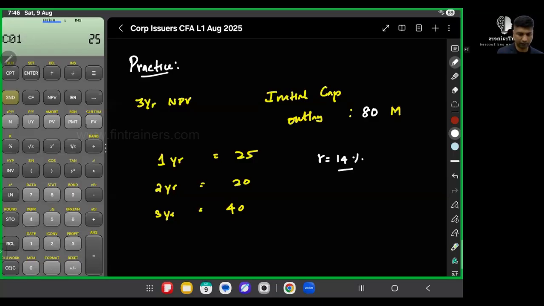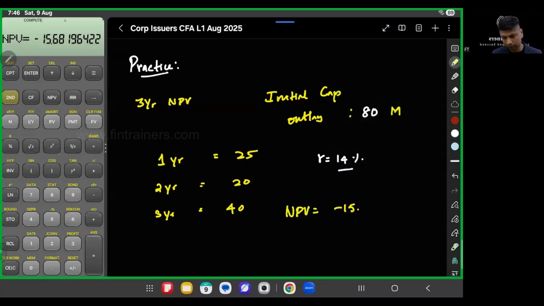C01, 25, enter, down arrow. C02 is 20, enter, down arrow. And C03 is 40. Down arrow. Then once you have that, go to NPV, compute. My I is now different, 14, enter, down arrow, compute: minus 15.681.